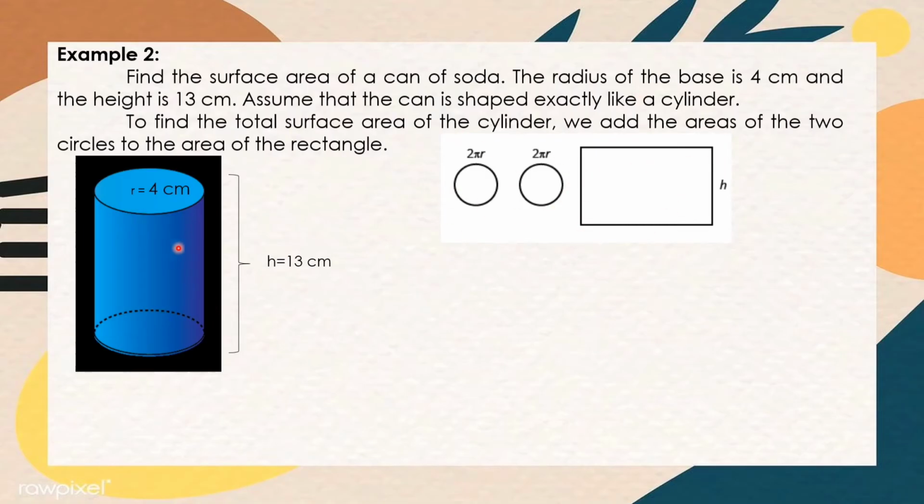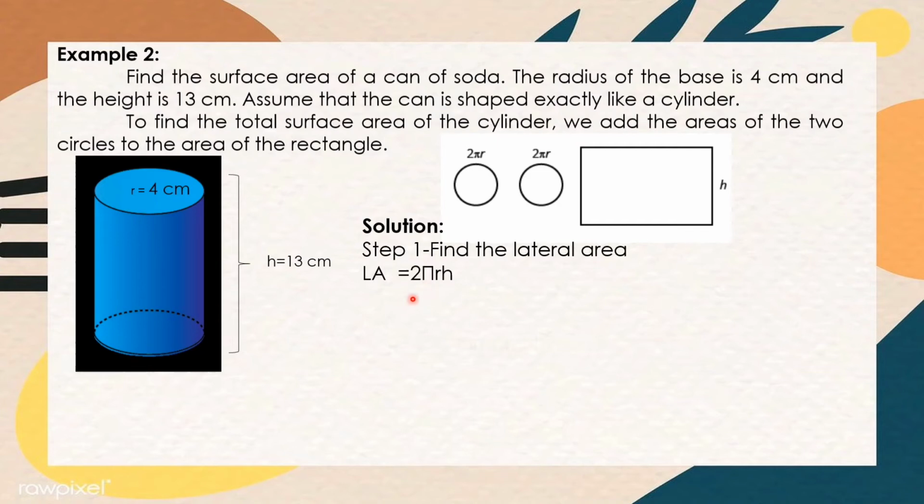So to get this, we have to take the first step, and that is to find the lateral area. To find the lateral area, we need the formula 2 pi r h, or 2 times pi times the radius times the height. We know that pi is equivalent to 3.14.